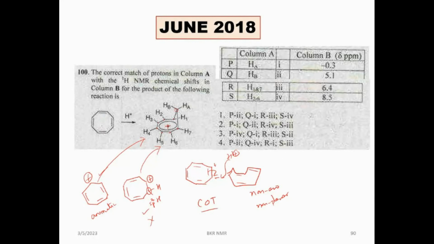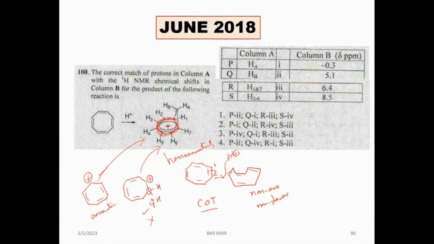Since this one carbon has gone above the plane, the bottom structure follows all the rules. It is cyclic, it is conjugated, and all the carbons have an unhybridized p orbital. This is known as homoaromaticity. You might have studied this, is it not?